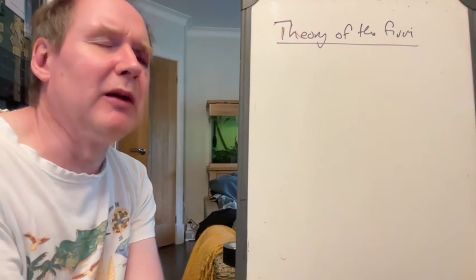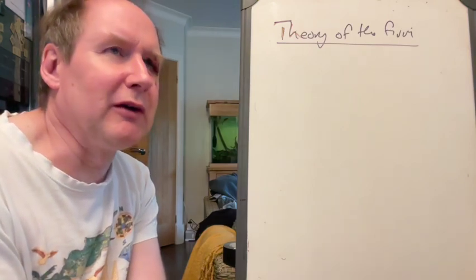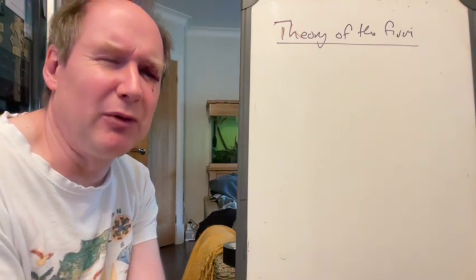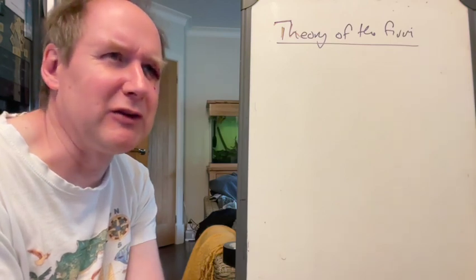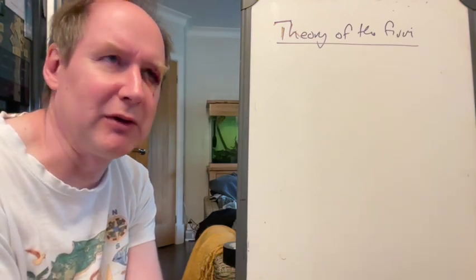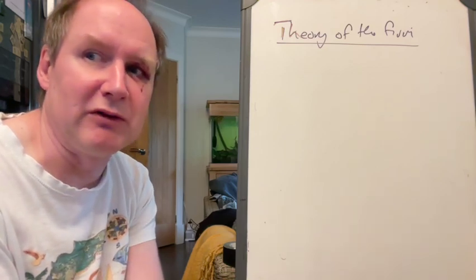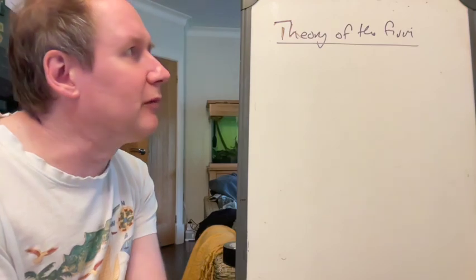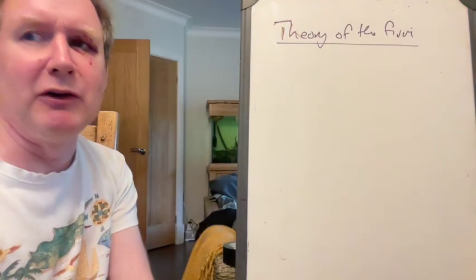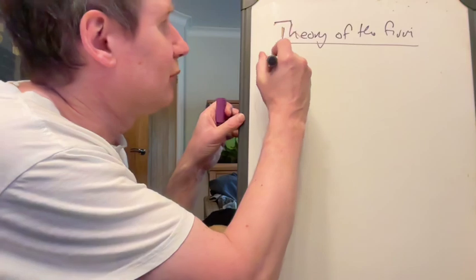So when you're thinking about theory of the firm, what you're often thinking about is a simple factory from the 19th century that makes cotton or something, because that was the era in which this model was developed.